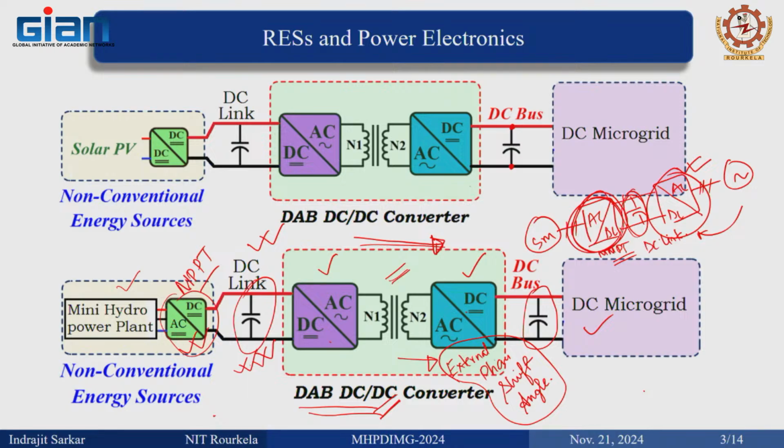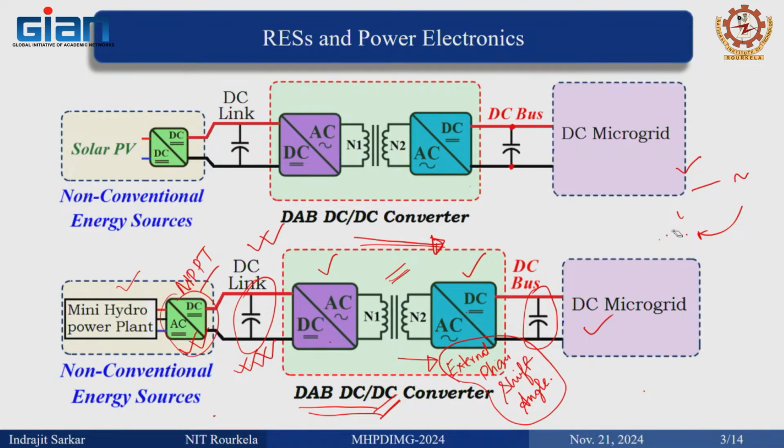So, now in addition to this, let me explain another converter where you have a similar kind of DAB converter, but it is not a dual active bridge, it is a single active bridge.